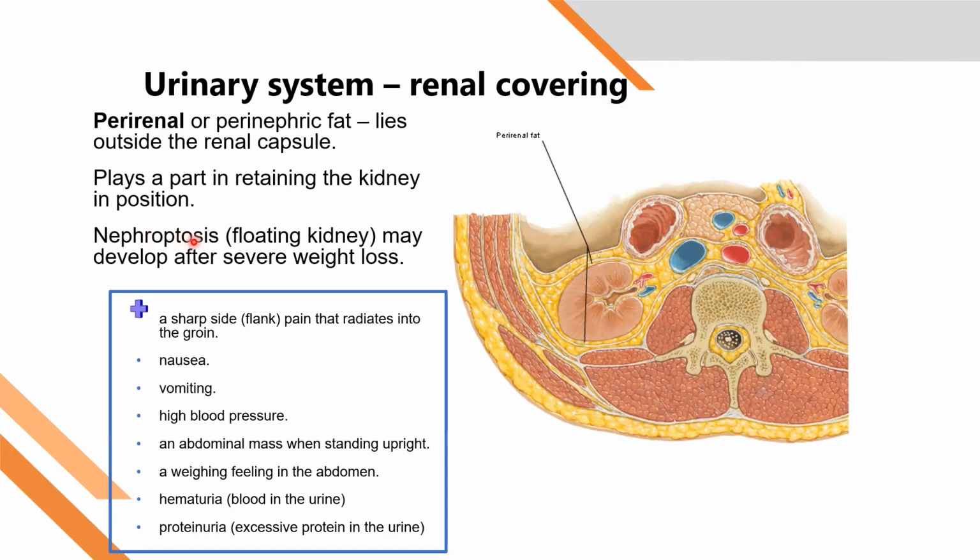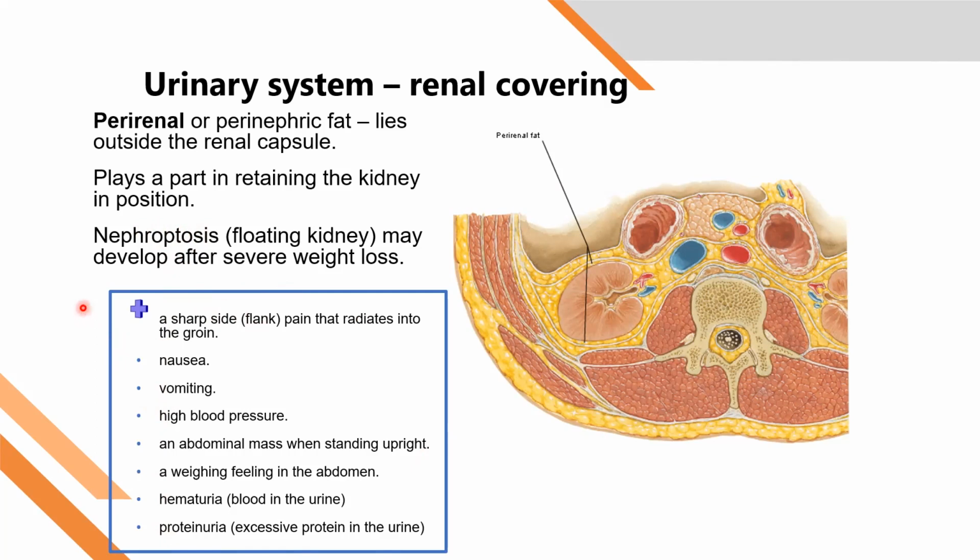Now, nephroptosis or floating kidney is a condition when a person experiences severe weight loss, and there is no more perirenal fat support, so the kidney becomes floating. These are the symptoms of nephroptosis.